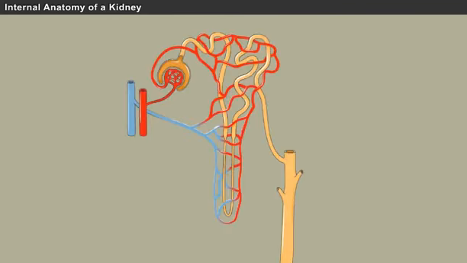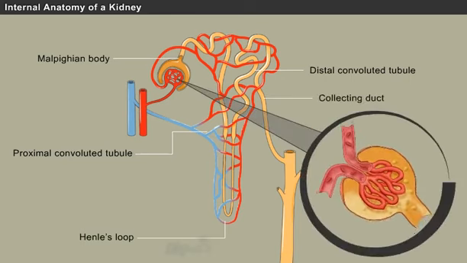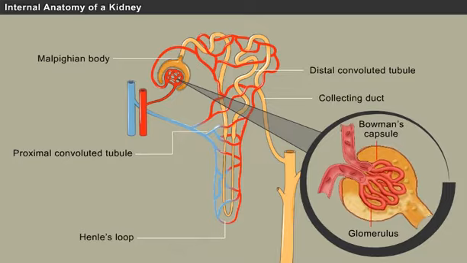Further, each nephron shows the following parts: the Malpighian body, proximal convoluted tubule, Henle's loop, distal convoluted tubule, and collecting duct. And the Malpighian body shows a cup-shaped Bowman's capsule which has a tuft of capillaries called the glomerulus.